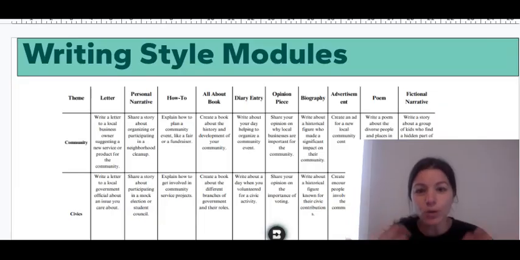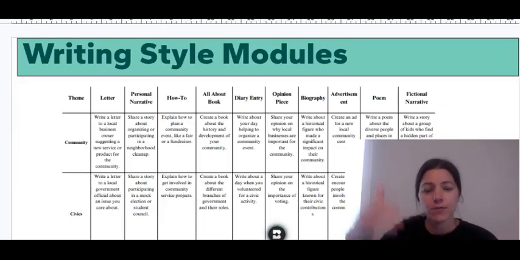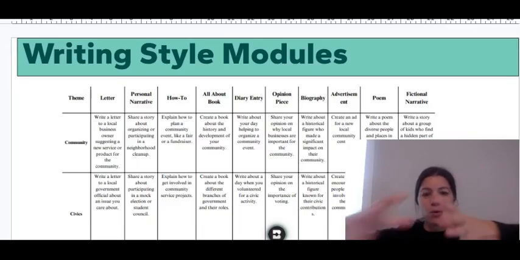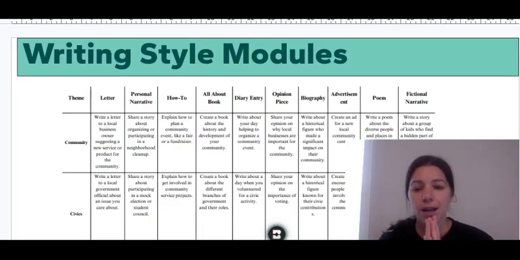Now we can start writing about genre-specific compositions and teaching them about those different narrative structures and the different types of writing that fall into that narrative genre, as well as with informative and opinion. And then our students will see how these components are really intertwined and embedded within one another.